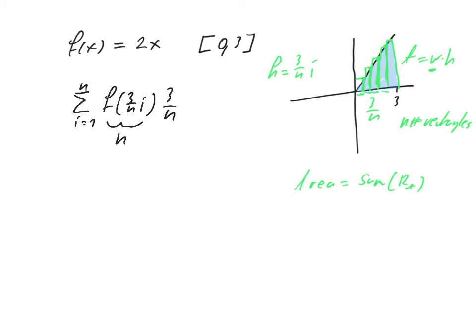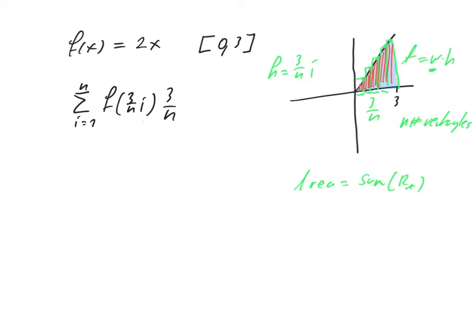But of course, we have to somehow specify how many rectangles we actually want to have. And for our case, it's actually pretty cool if we can have a lot of rectangles. So if you imagine that we have a ton of tiny rectangles here, then our approximation gets actually better.